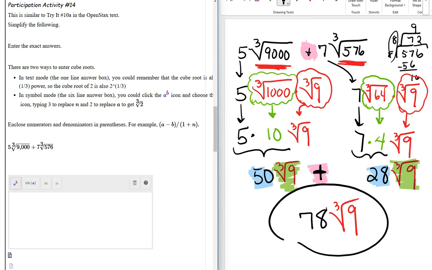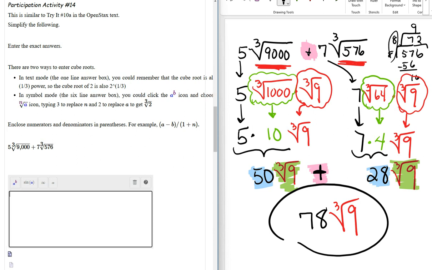I'm going to click on the box, type 78, then click this little A to the B power, and it brings up a menu. We want a cube root, so click on the nth root right here, and tell it what n you want.